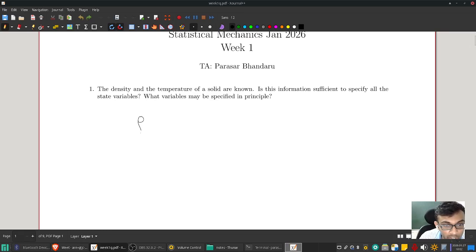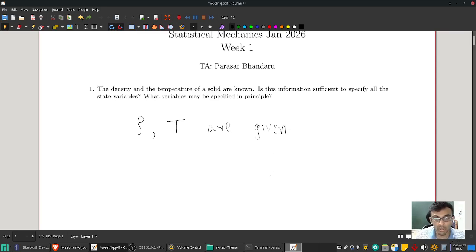Let's say the density is rho and the temperature is T. These are given. So only two state variables have been specified.